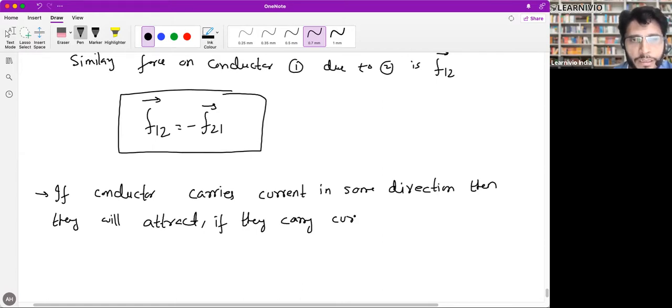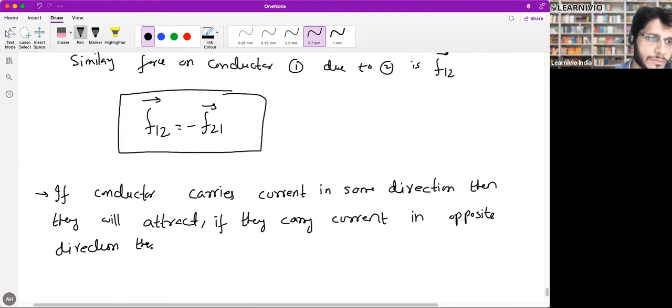If they carry current in opposite direction, then they will repel.